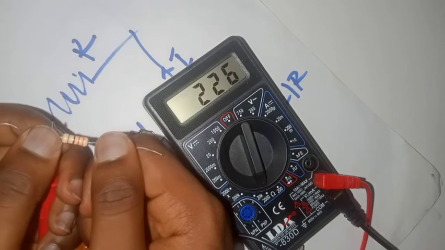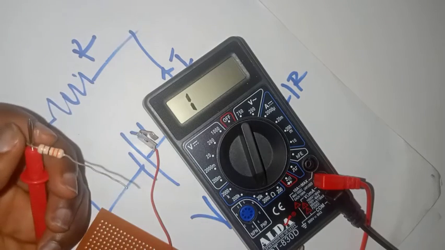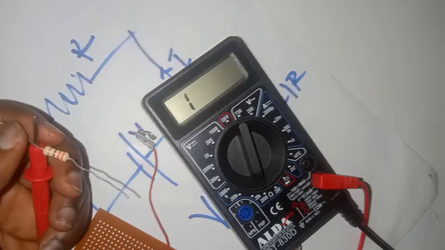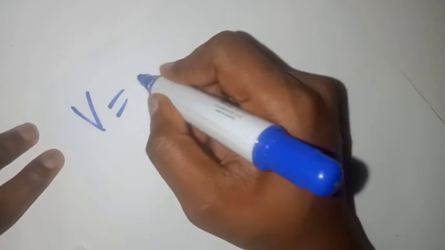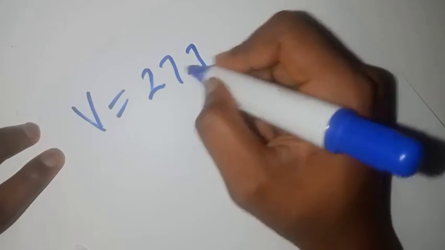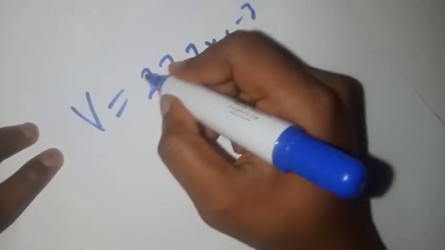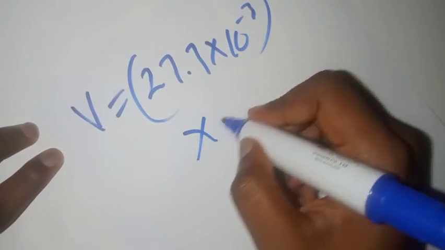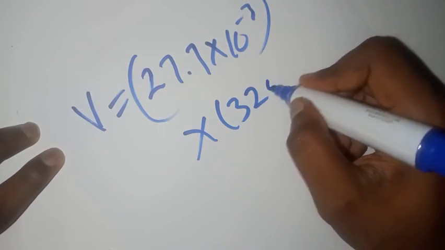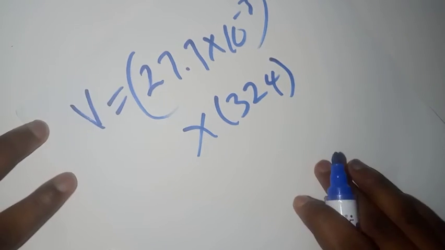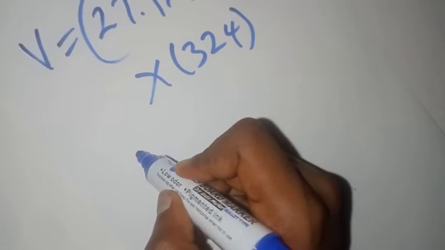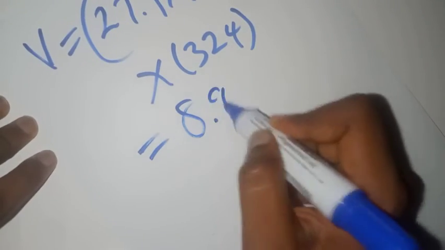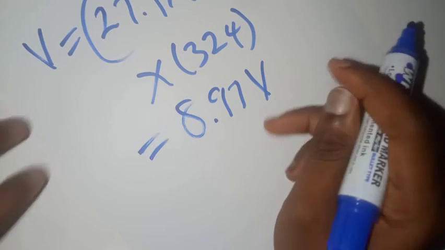So if we know the value of a resistor and the amount of current flowing through the resistor, we predict that the voltage across the resistor would be current times resistance, which would give us 8.97 volts.